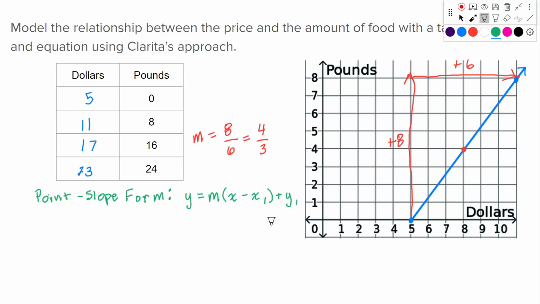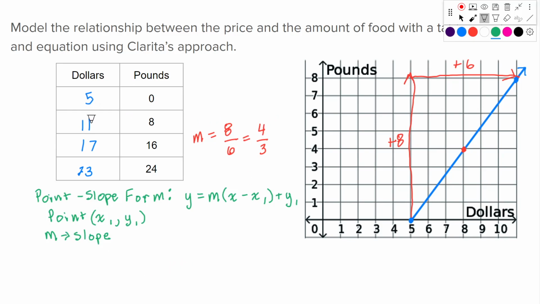So there's no b in this one. The x1, y1, that's our point from our line. m is still the slope. So we have our slope 4/3.